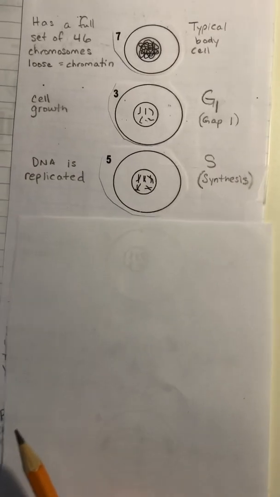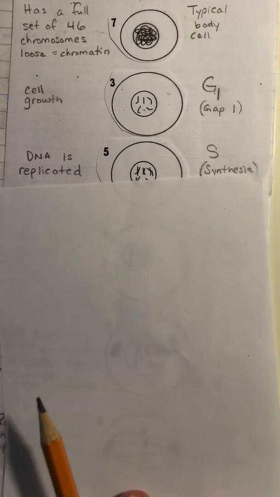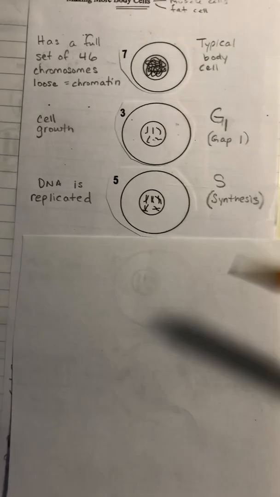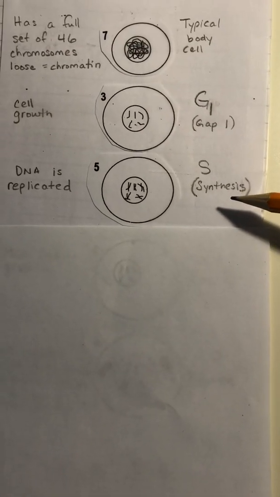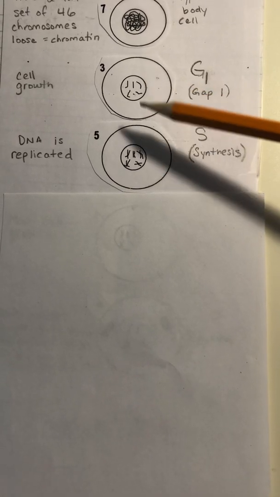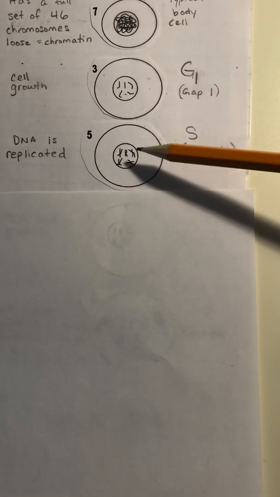The next phase is called S phase. S phase stands for synthesis. Sorry, I'm having trouble with this. Synthesis. Synthesis means to make something. And if you take a look, the cells are the same size, but what you're noticing is there's a difference between what's in the nucleus. These are single little pieces of DNA, and these have a left and a right side.